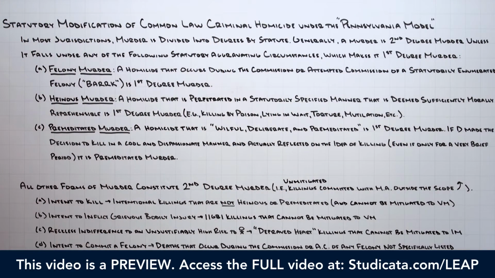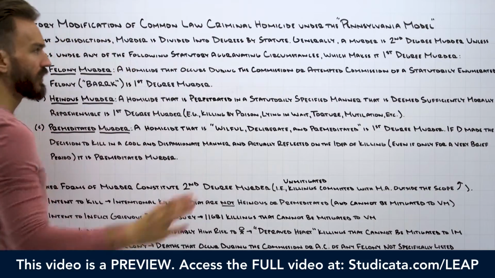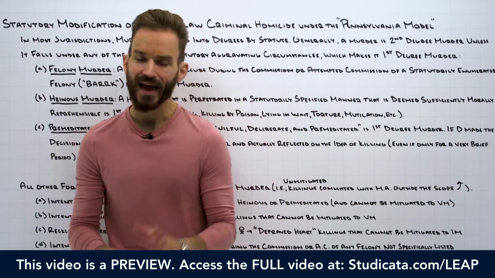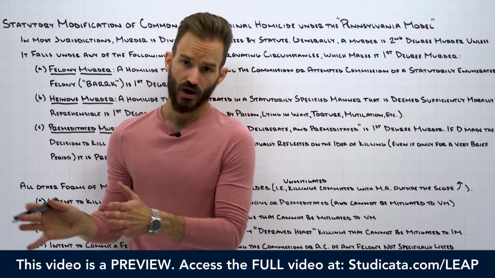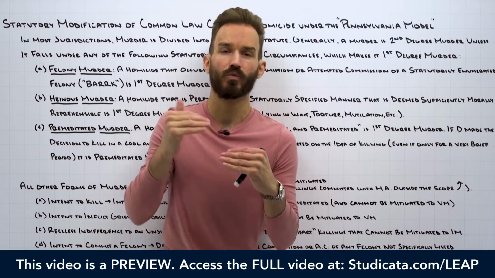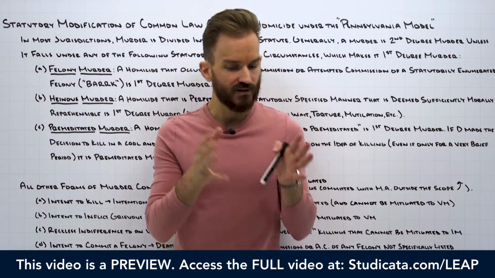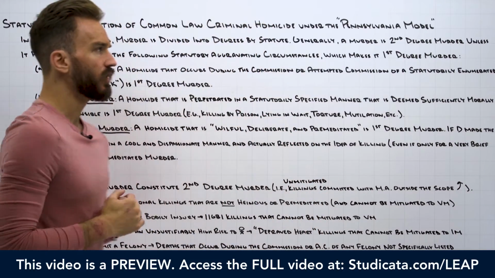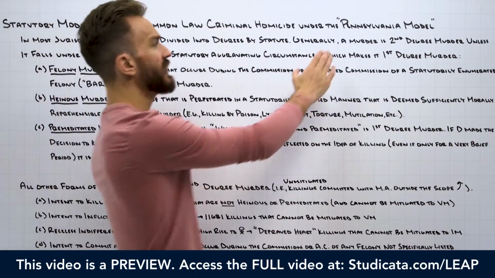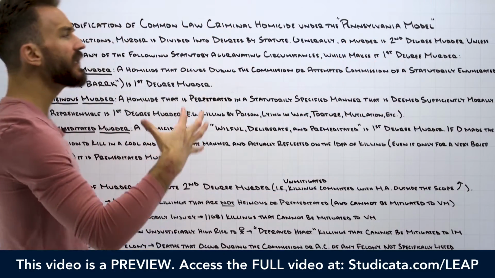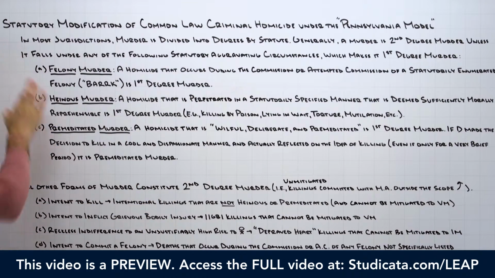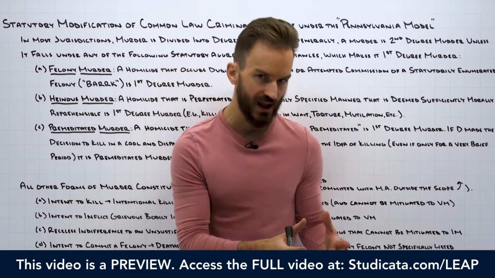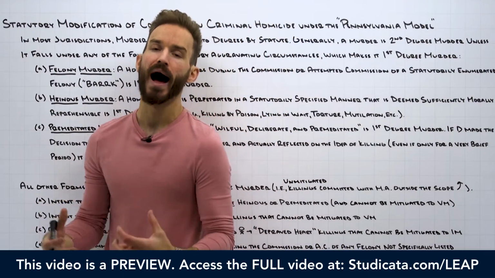It's important to recognize, as we talk about statutory modification of common law criminal homicide under the Pennsylvania model, that that analysis does not change. All we're doing is adding one additional layer on top of that analysis at the end. What we're talking about with the Pennsylvania model is pretty much any statutory law that we see in a criminal law fact pattern where the state grades murder by degree.